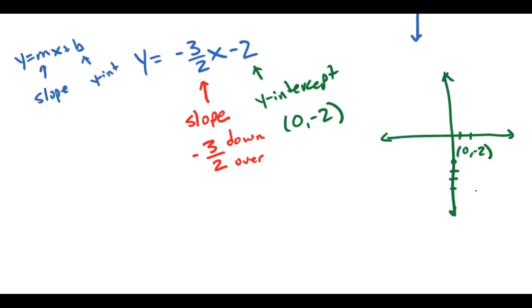So our next point is right there. And if we drew a line, because now we have 2 points, now I can draw, oh, sorry, my line is not very straight, but I could draw a line through those 2 points, and now I have the line that goes with my equation.